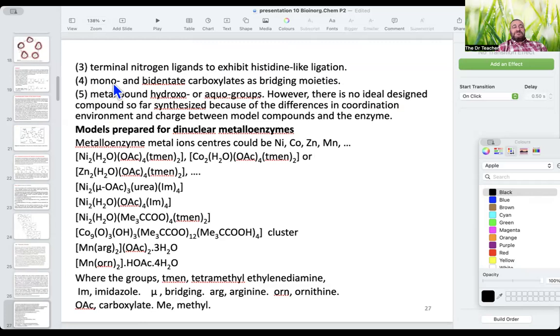We need to have mono or bidentate carboxylate as bridging moieties, and a metal-bound hydroxy or aqua group. But there is no ideal design compound synthesized so far because of the difference in coordination, environment, and charge between model compounds and the enzyme. So these models are being prepared.